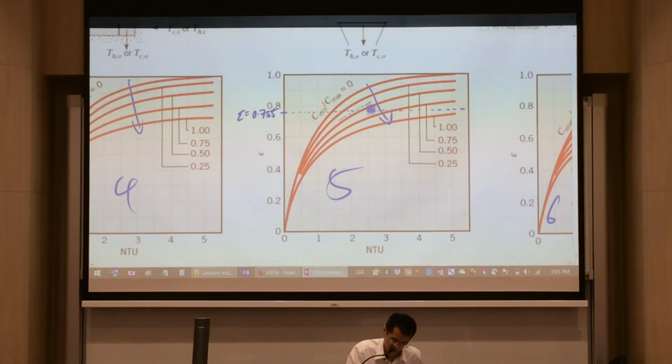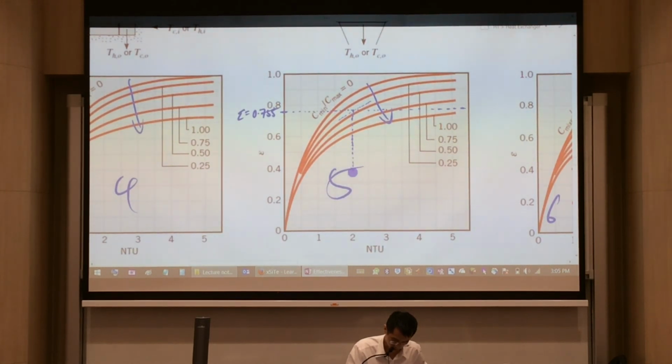Okay. So put it down. Actually, I know what is the NTU number, so I'm going to project it down. You get NTU value of 2. Some of you may get 2.2, 2.1. Again, my error margin says that yes, you are a hardworking student.